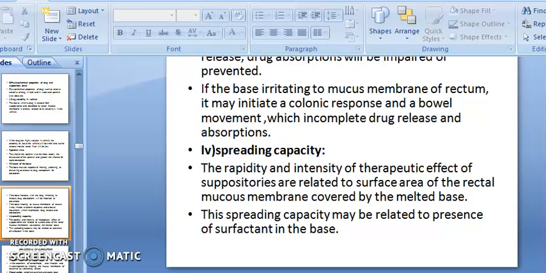If you increase the spreadability or the coverage area of the rectum, it will show a faster or greater action. The spreading capacity may be related to the presence of surfactant in the base. When we add a surfactant, it helps spread your suppository over the rectal surface.